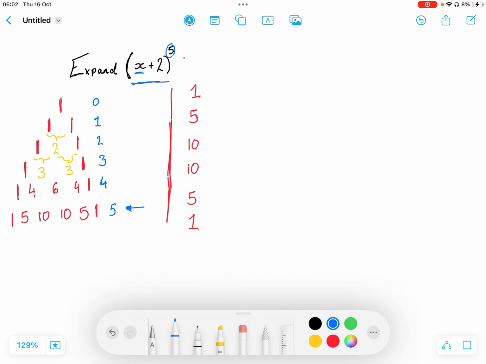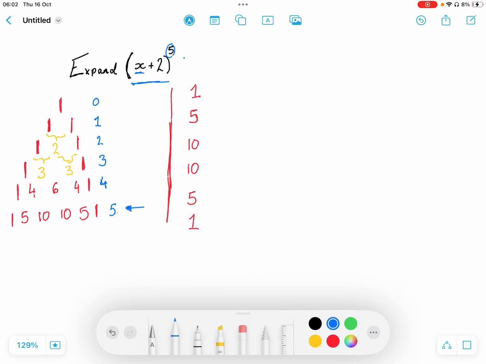Then I'm going to move on to the next part of our expansion, which is 2. And now, and you can take a guess, rather than going in descending powers, it's going in ascending powers from 0 up to 5. So, 2 to the power of 0 times 2 to the power of 1 times 2 to the power of 2 times 2 to the power of 3 times 2 to the power of 4 times 2 to the power of 5.